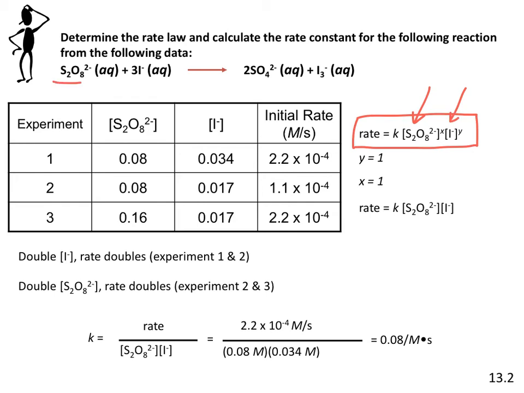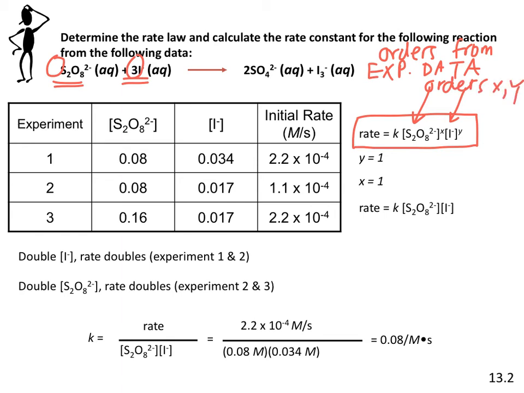So they come from right here. Notice we're not paying any attention to the stoichiometric coefficients. We're finding the orders from experimental data. So we have to find the orders X and Y.